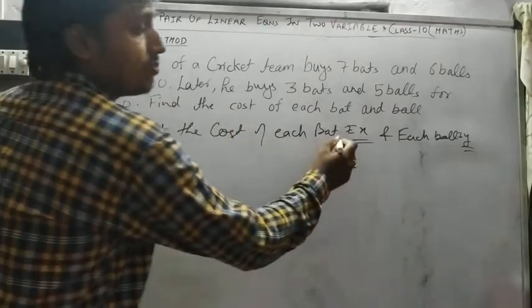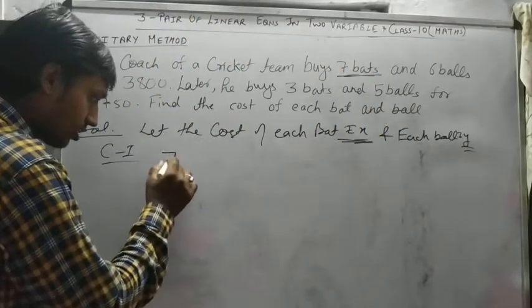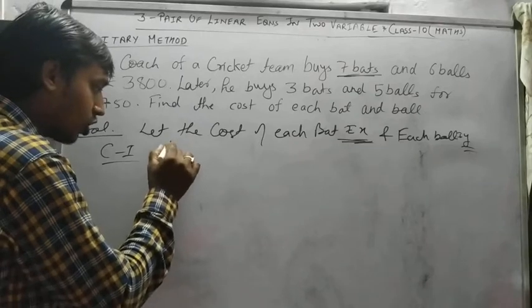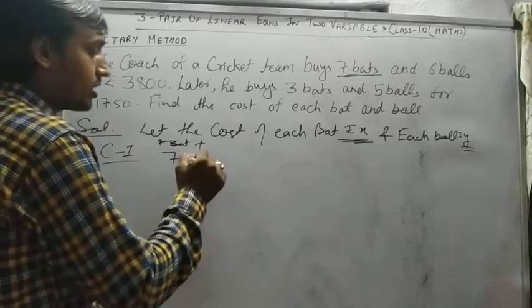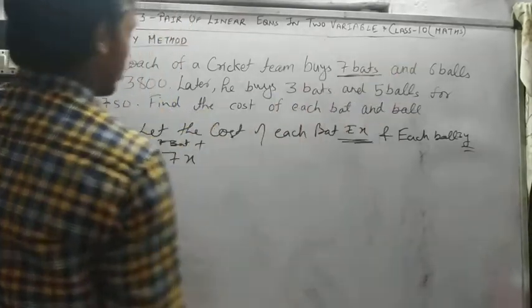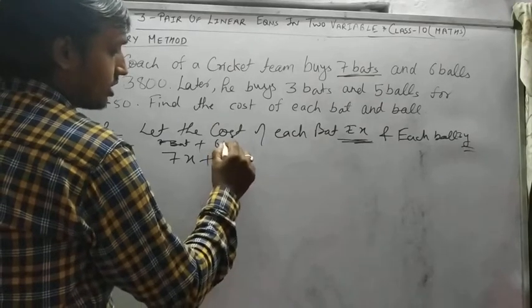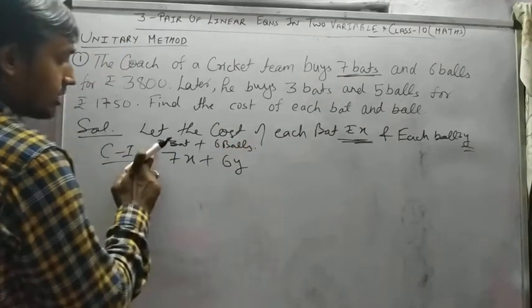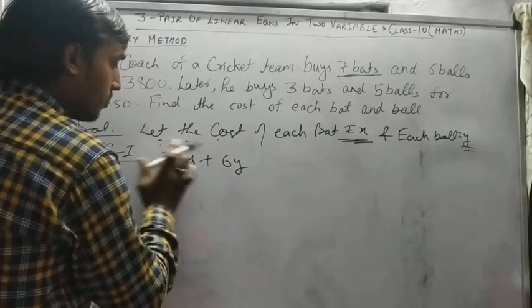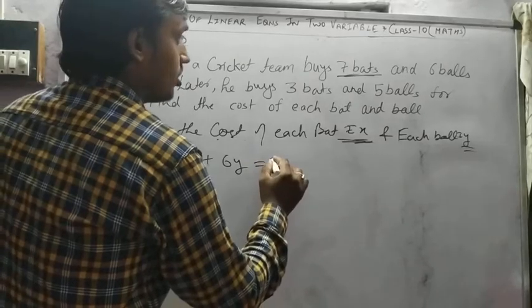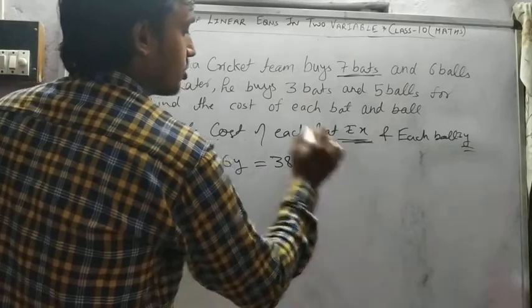If one bat costs x rupees, then 7 bats cost 7x rupees, plus 6 balls cost 6y. So 7x plus 6y makes 3800 rupees, equation first.